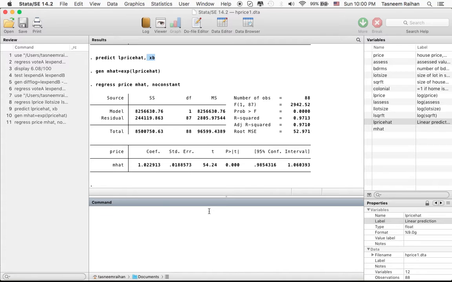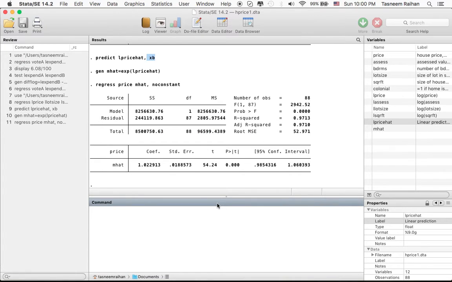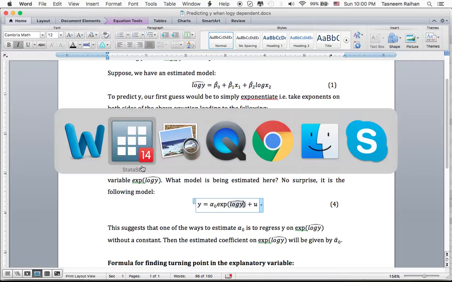Okay, cool. So what do we get for the value of alpha naught? This alpha naught is the coefficient on m hat, and it's equal to 1.022.